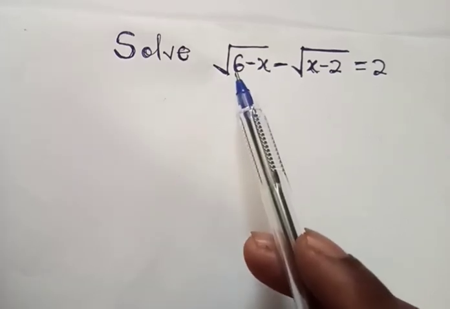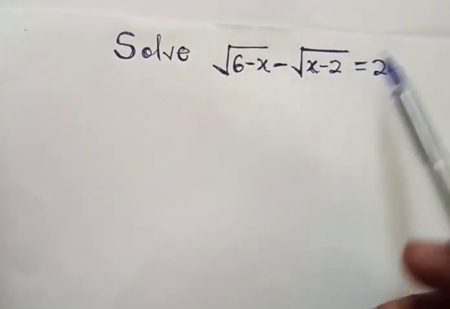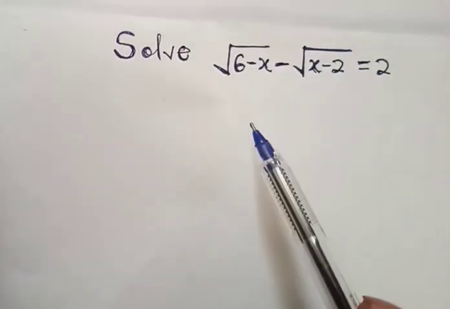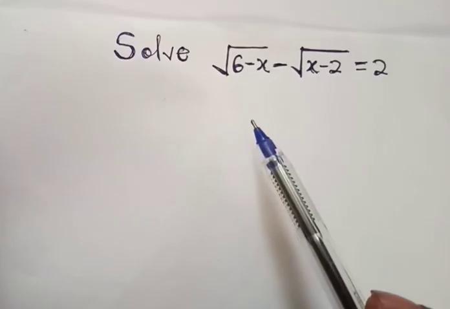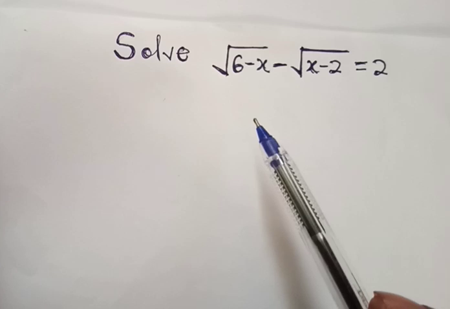So you will see students squaring this, and then they square this, which is very wrong. We are not saying square each term. We are saying what? Square both sides.